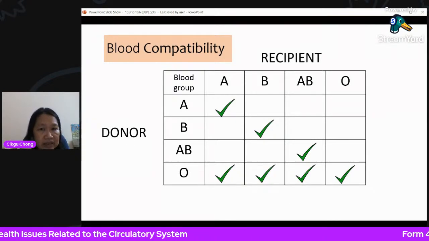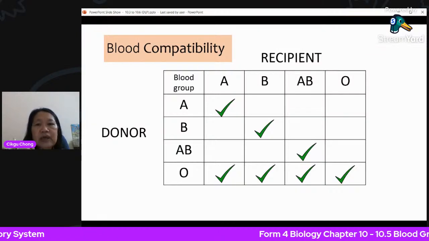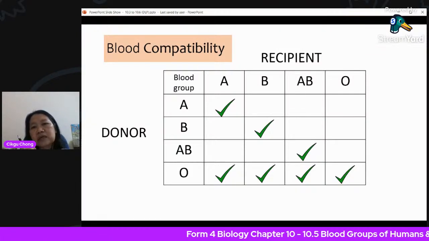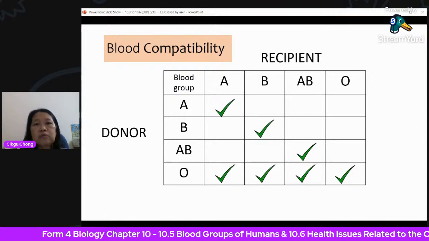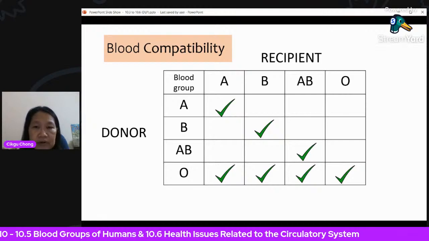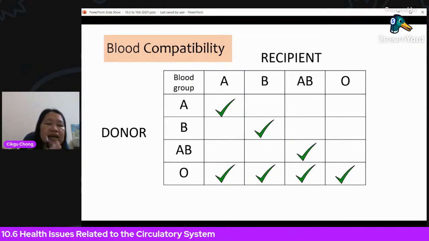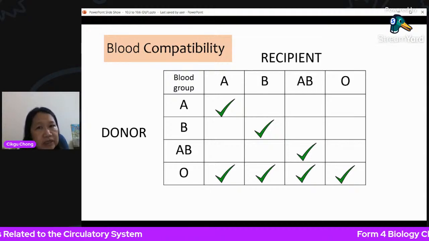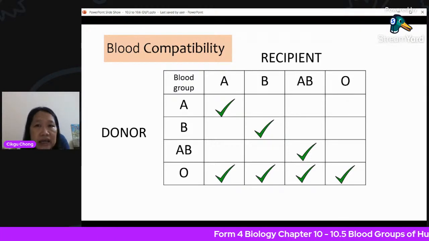Another one you can fill in the tick is looking at AB as a recipient. As a recipient, the AB blood will not have any antibody. So whoever's blood comes in, whether it's antigen A or antigen B, this AB blood will not be producing any antibody.